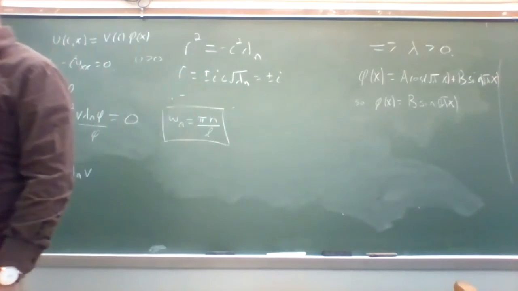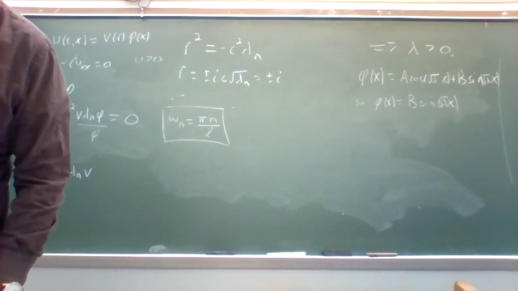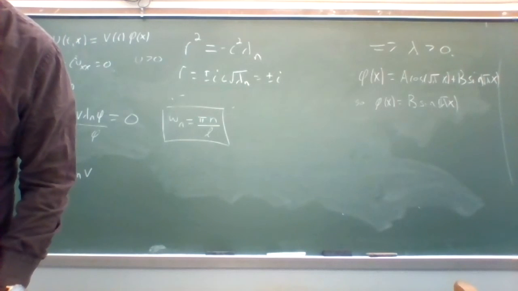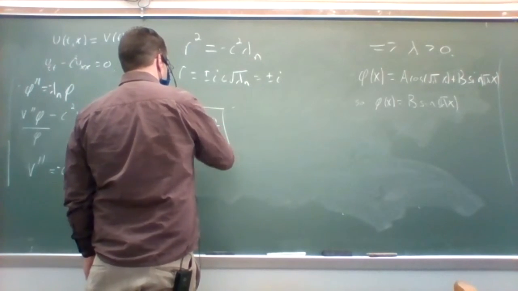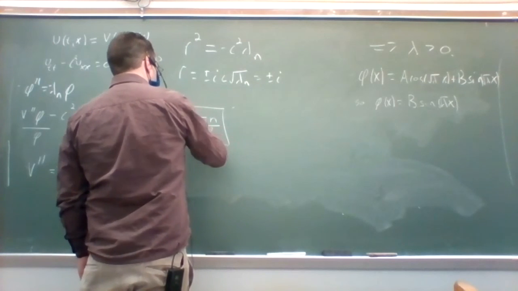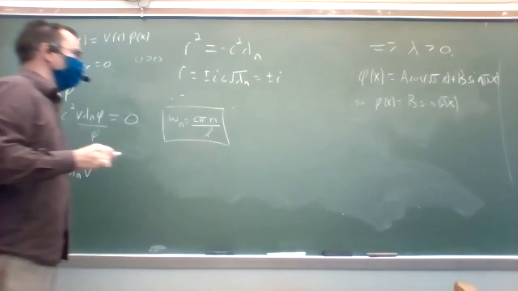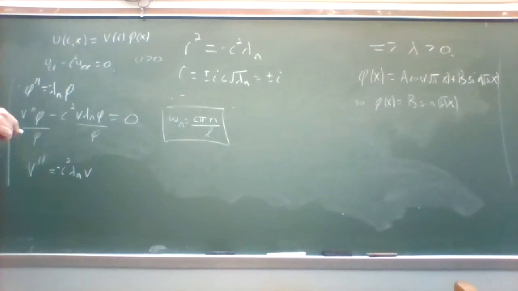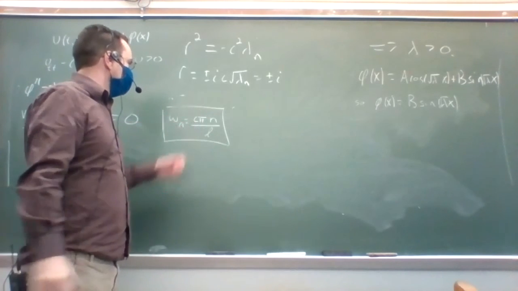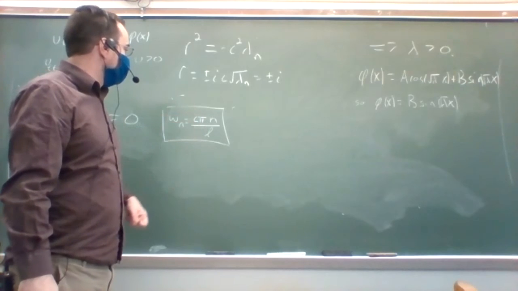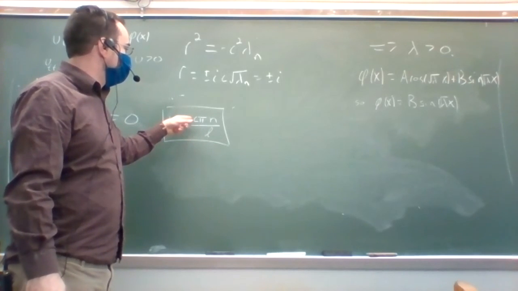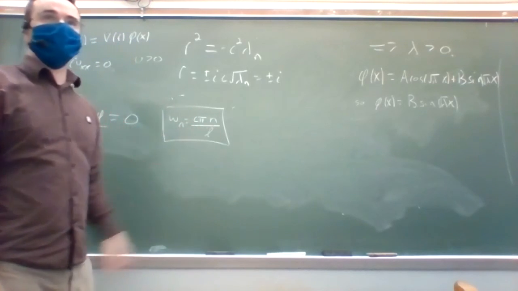I want to put c in with the omega. Sorry, I take it back, Leo. So this is on the nose the frequency, because you want the right units. You want this to have units of 1 over time, so you need distance over time over distance.